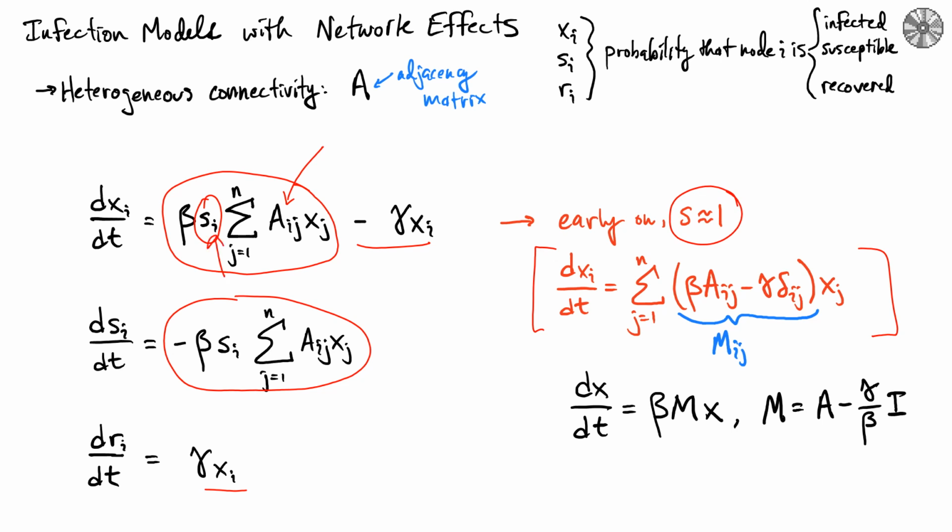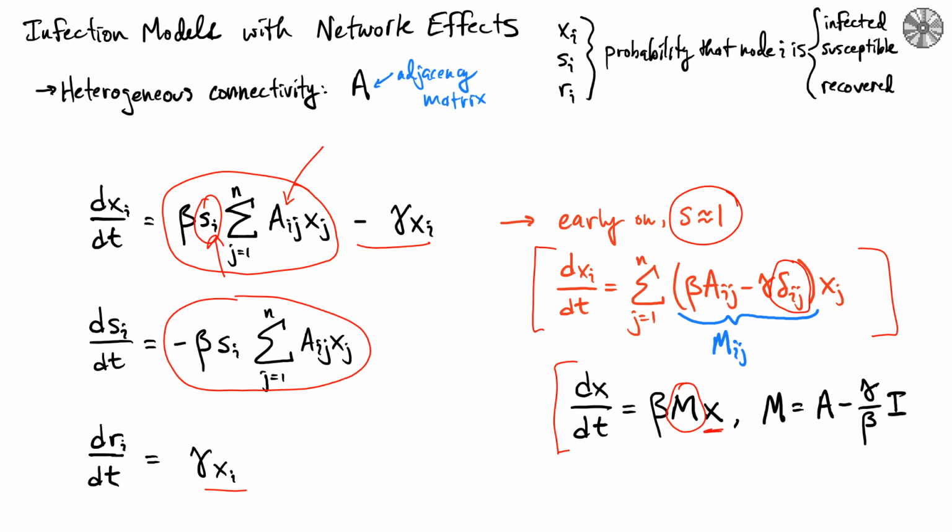Now this beta can come into the sum, and we can also include gamma into the sum as well. This is a trick similar to what we saw in diffusion, where we pulled this in and added this delta function. So we've essentially defined this new matrix capital M, right here, and now we can write our differential equation as dx/dt as a function just of x.